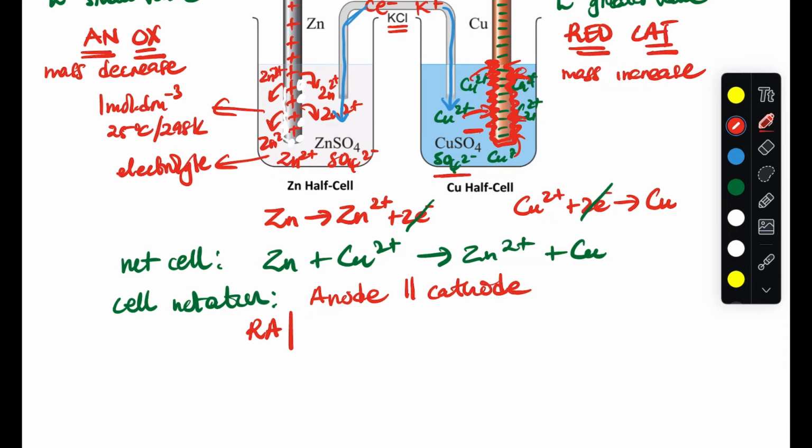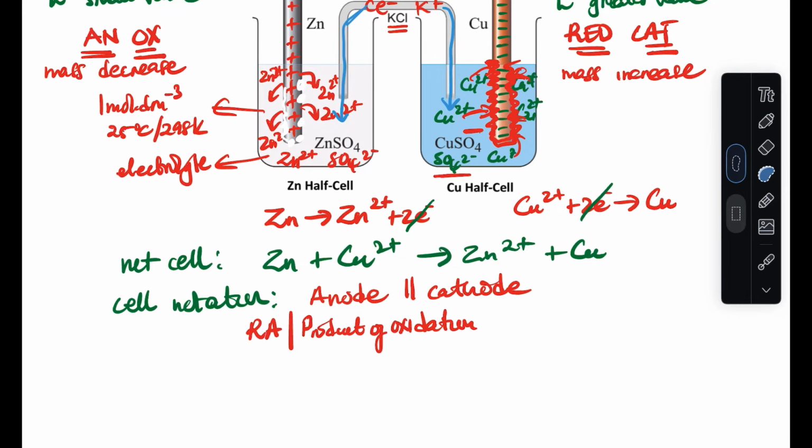Guys, this is not exactly how you write it, but this is just the general way of writing it. So it's the reducing agent, and then the product of oxidation.